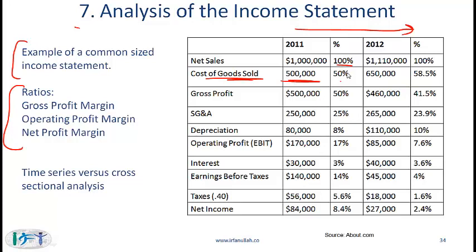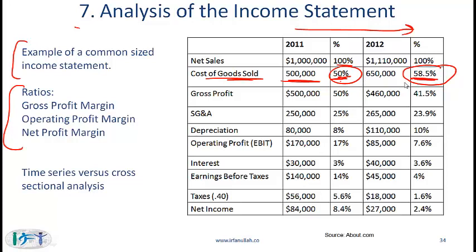Notice that cost of goods sold went from 50% of net sales to 58.5%. So this means that cost of goods sold is actually increasing quite a lot. Perhaps suppliers increased their cost.